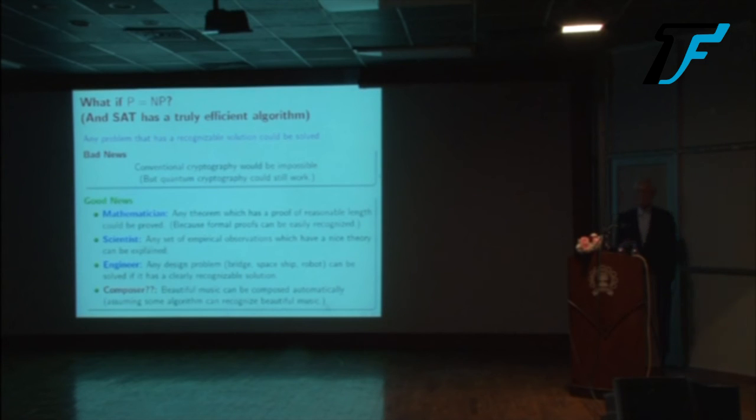Now, as I say, complexity theorists tend to believe P not equal to NP, but we also like to speculate what would happen in the world in which P equals NP. P equals NP means SAT has a polytime algorithm.